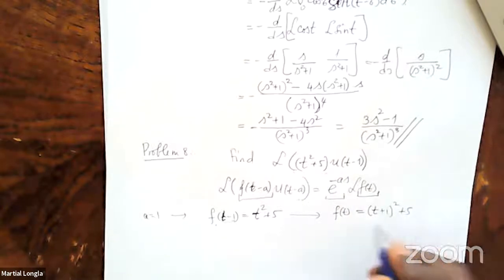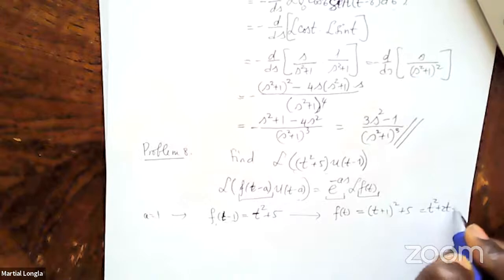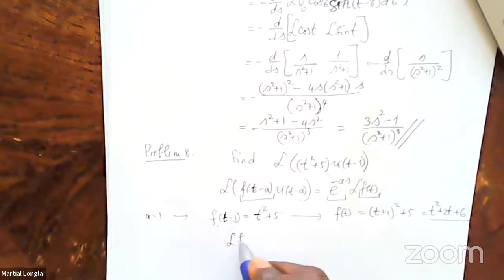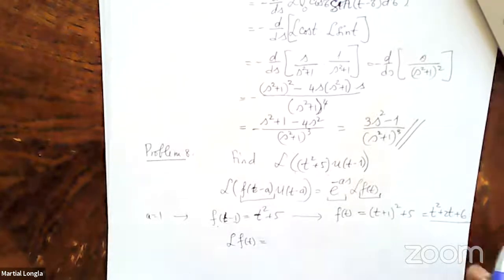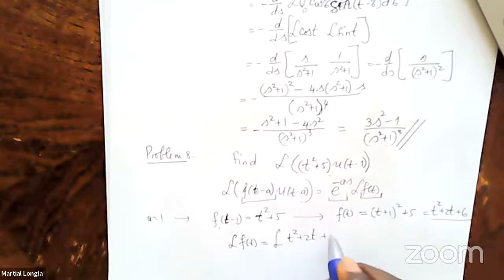And that is going to be t squared plus 2t plus 6, and it's important to expand that like that. And so now that you have f of t, you can find the Laplace transform of f of t, which is the Laplace transform of t squared plus 2t plus 6.